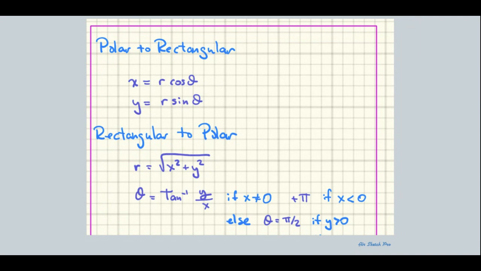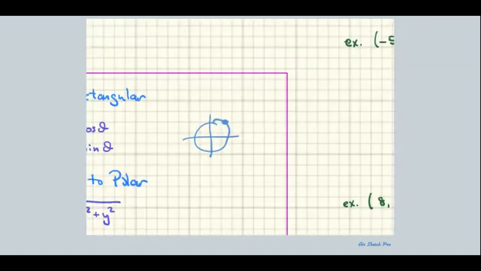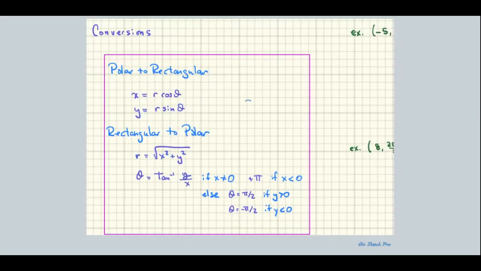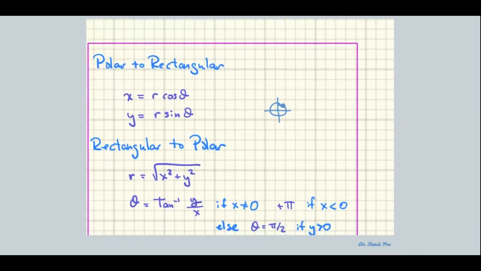You've done this before, right? We know already, because we did the r cis theta forms, that if we're starting with a point on the unit circle, its coordinates are cosine theta, sine theta. And if I scale it up times r, I get r cosine theta, r sine theta.